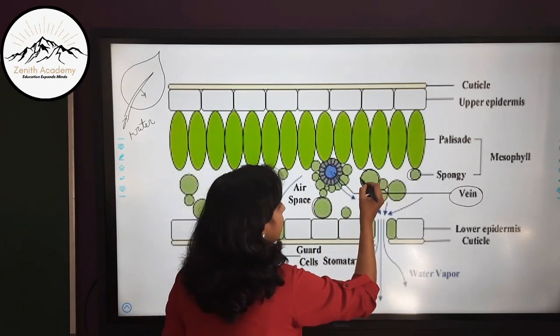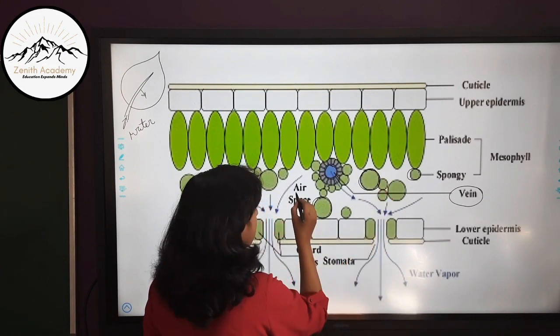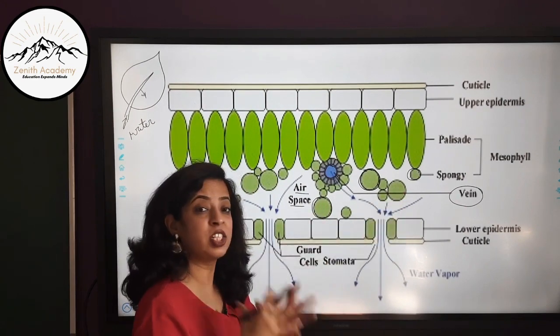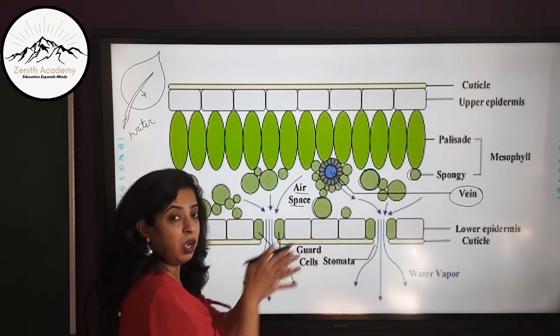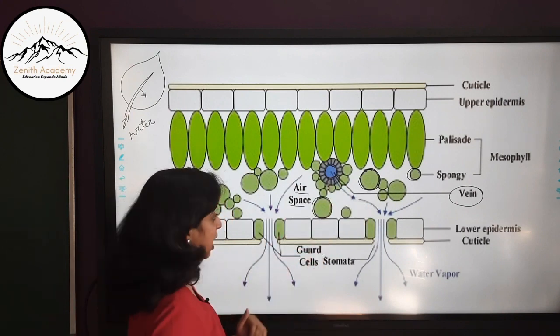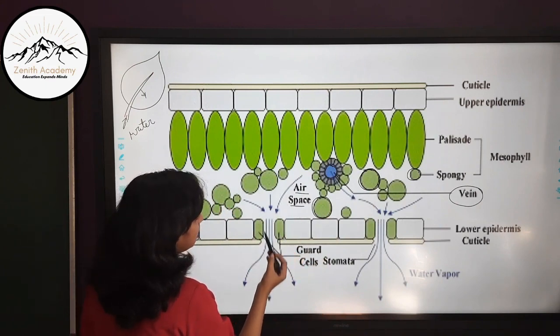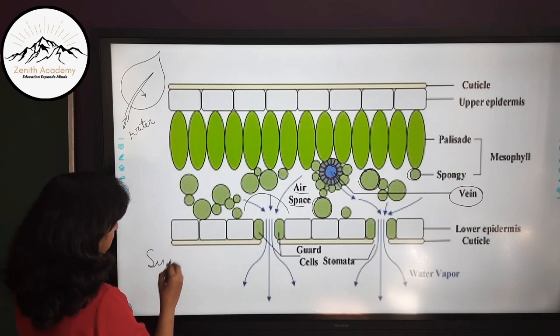So there is a thin film of water that is formed around them and then it diffuses into the air space. Now, once the air space gets saturated with water vapor, what happens? It goes to the other interconnected air spaces. And then this is a substomatal space. The space near the stomata is known as the substomatal space.